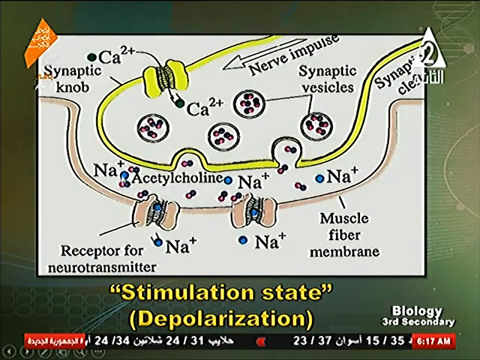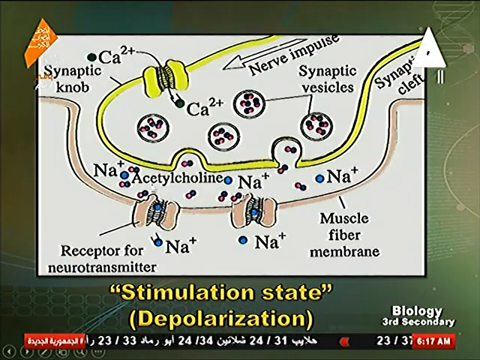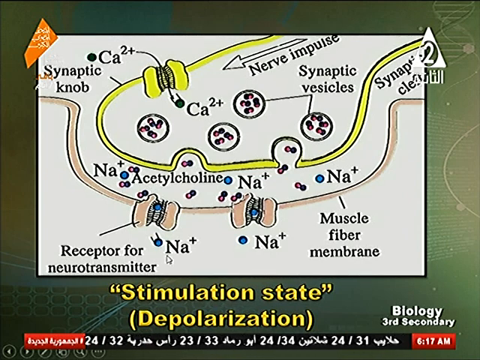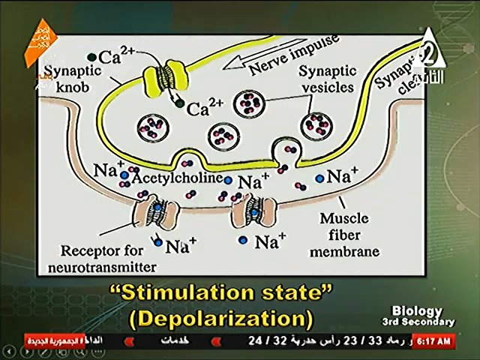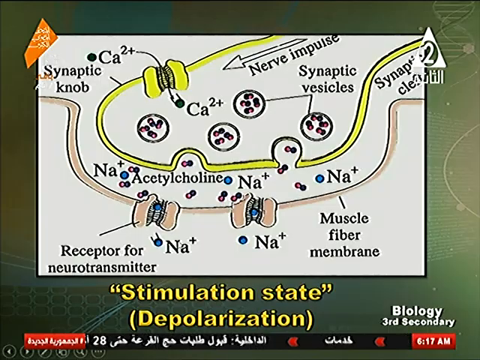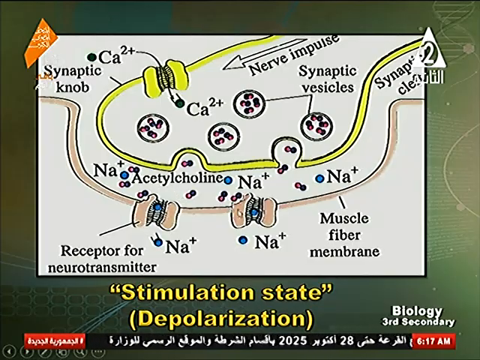This is the sodium ion passing from outside to inside, causing the depolarization of the muscle fiber membrane and leading to muscle contraction. So this is the depolarization state, which we can define as the state of the muscle fiber membrane where the outer surface is negatively charged and the inner surface is positively charged.